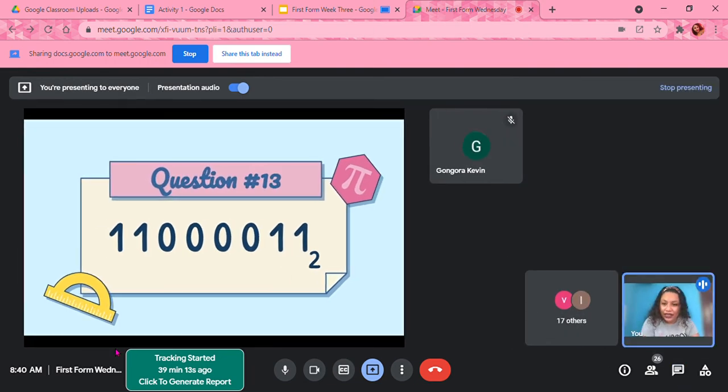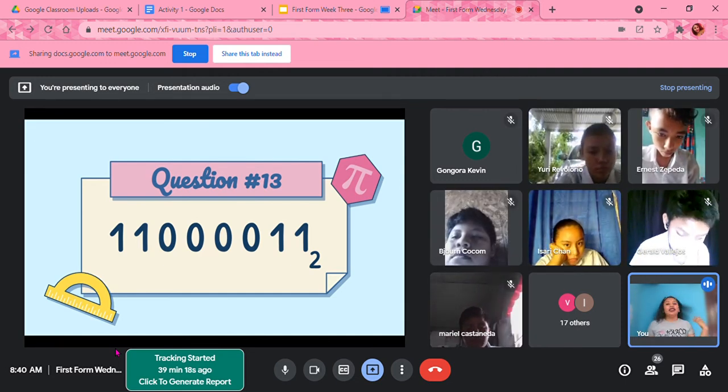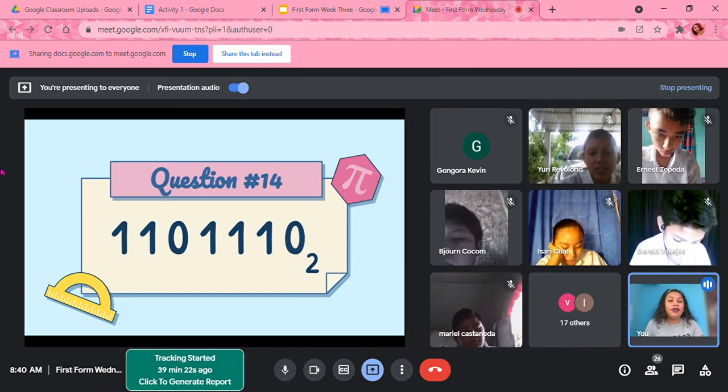Okay, guys, the answer for number 13 should be 195. Two more questions and then we're finished with this worksheet, right? Number 14.